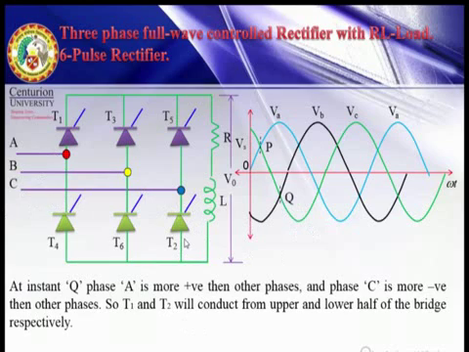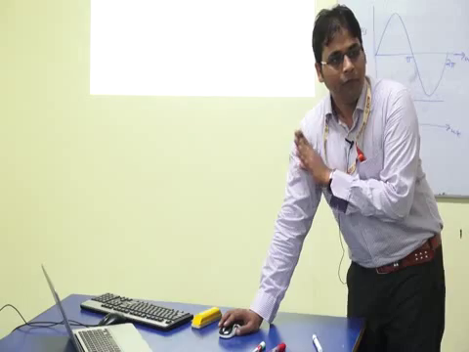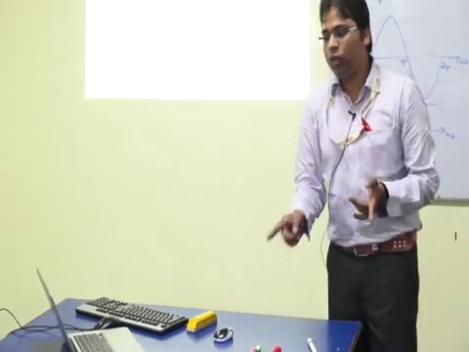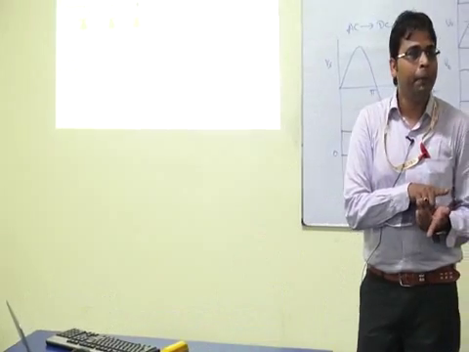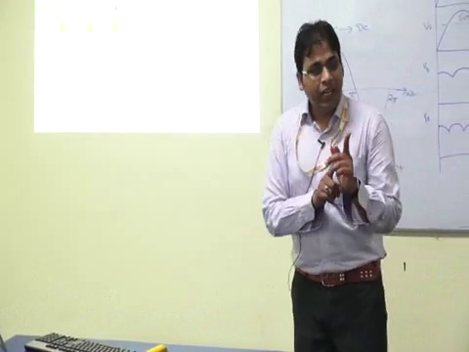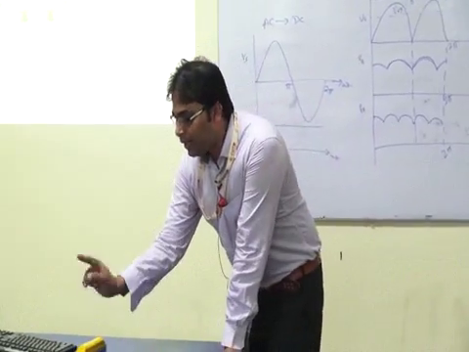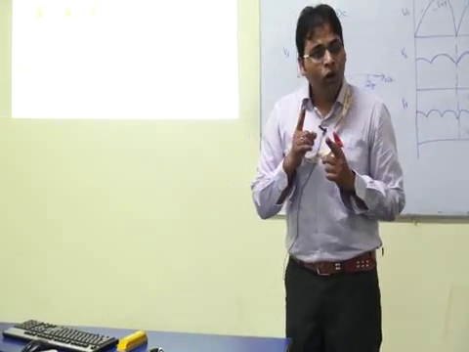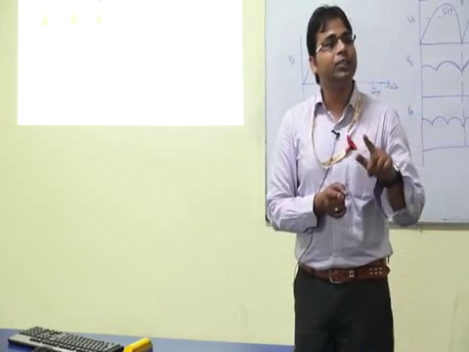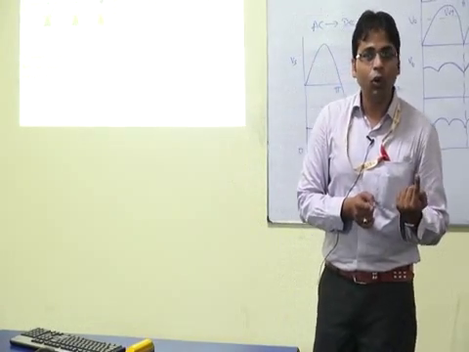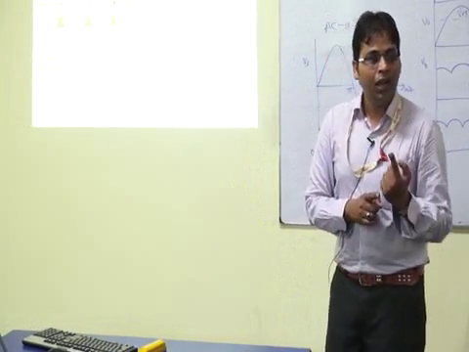So T1 and T2 will conduct from instant Q. From P to Q, which thyristors are conducting? T1 and T6. At instant Q, T2 will start to conduct and T6 will commutate.